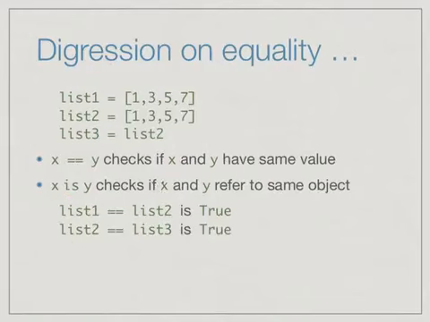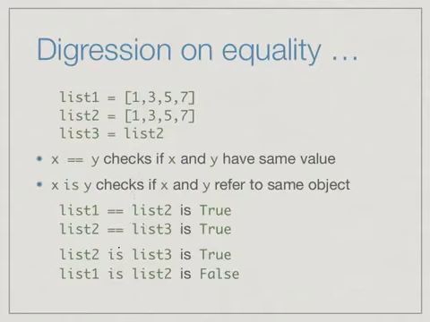So going by this description of the way equal to and is work, obviously if list2 and list3 are the same object, they must always be equal to. So if x is y, then x will always be equal to y because they are actually pointing to the same thing. But in this case, although list1 and list2 are possibly different lists, they are still equal to because the value is the same.